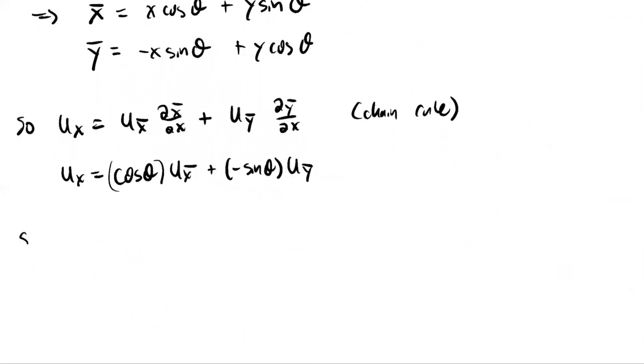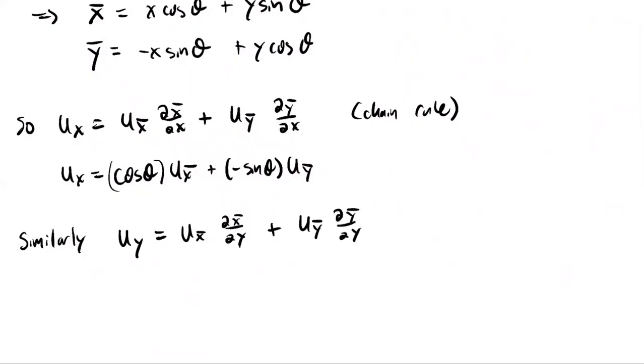And similarly, we can calculate the first derivative with respect to y. The derivative with respect to y is given by u_x bar times dx bar with respect to dy plus u_y bar times dy bar dy. So this is again the chain rule.